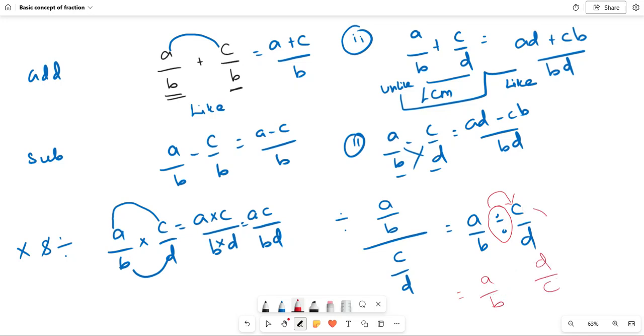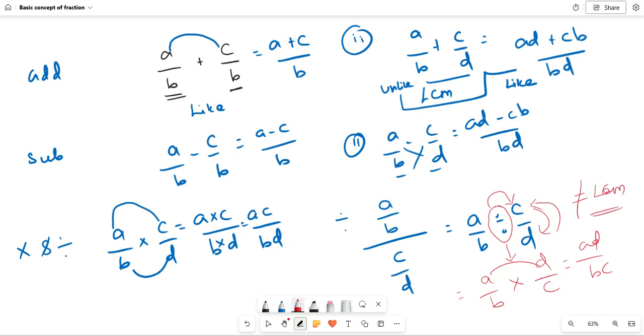Actually this is c by d. We transfer the denominator to the numerator and the numerator to the denominator, whatever number is given. Simply make one reciprocal. After that, change the divide symbol into multiplication. Now directly multiply a into d by b into c. We don't need to find the LCM.